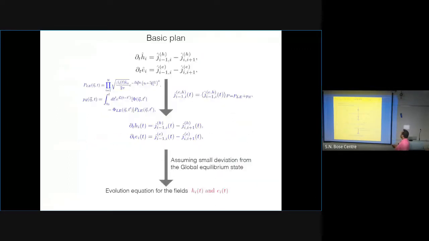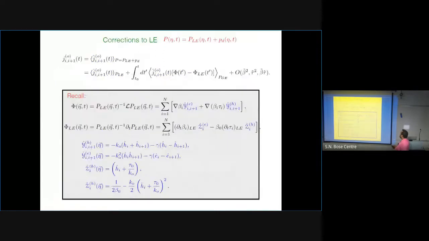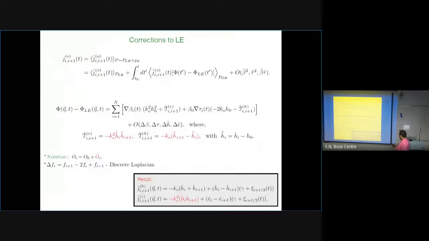But really these currents are already in the form of deviations. So PLE, I can write as PGE plus deviations. So I don't need those because those will be higher order in deviation. So this correlation I can replace by global equilibrium averages. So it's basically a correlation in global equilibrium, and the deviations are already there in those terms.